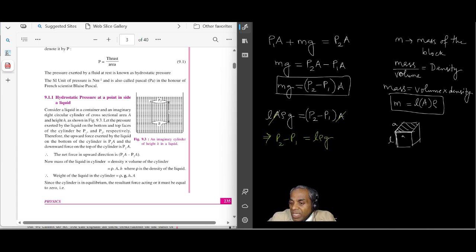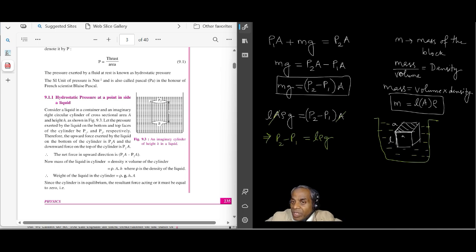Now what is L in this case? Because this object is imaginary, in case of a liquid, let us draw this liquid here. In the previous page we drew this picture. This imaginary block is inside the liquid.